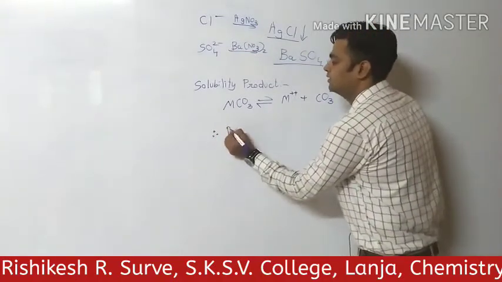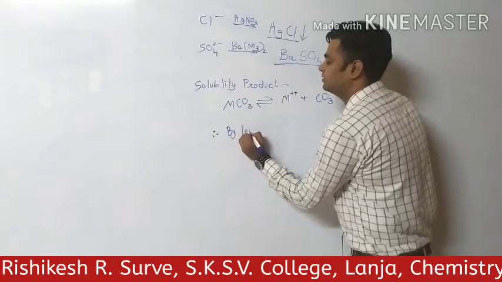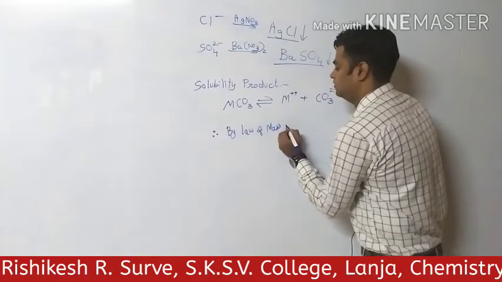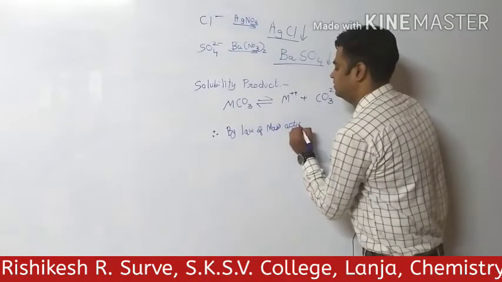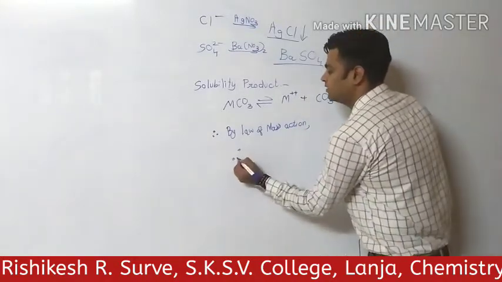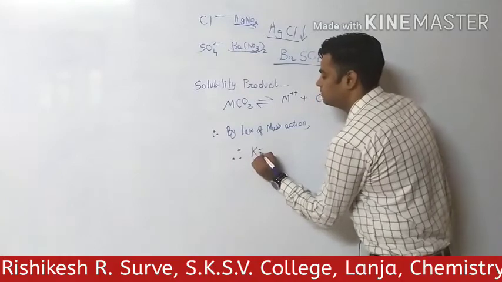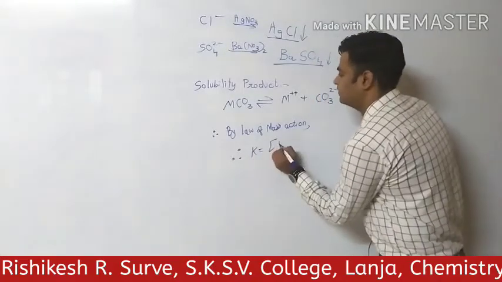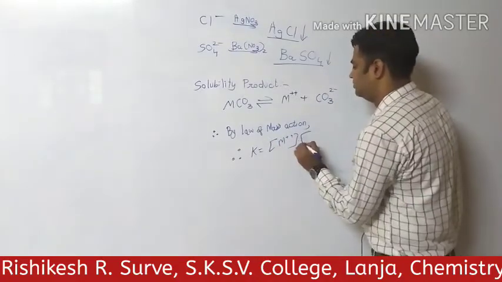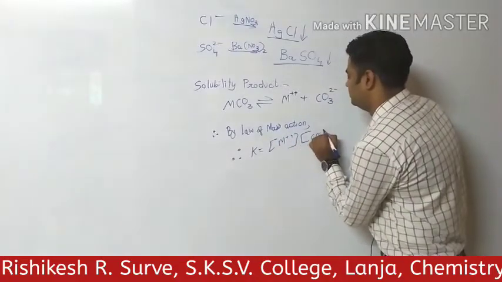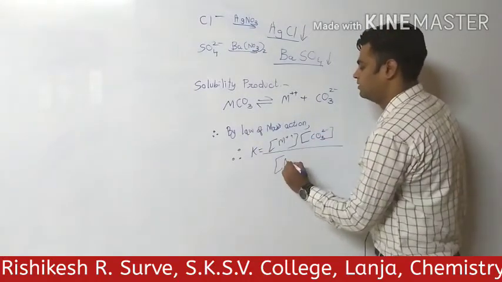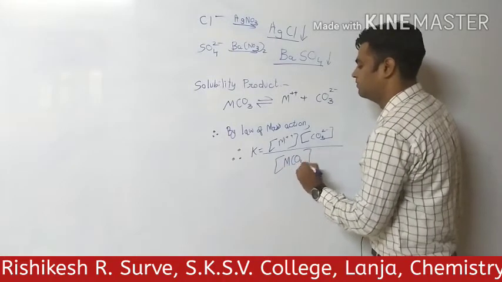Then by the law of mass action, K will be the concentration of M2+ and the concentration of carbonate ion divided by the concentration of MCO3.